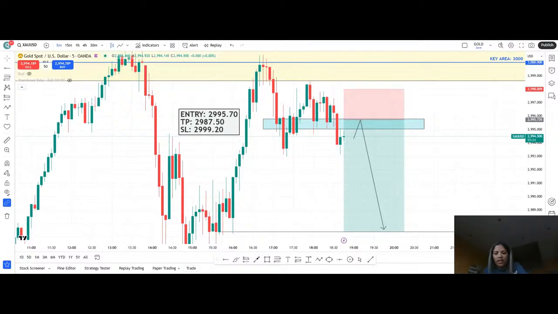This is a liquidity grab setup. So it's based on this 15-minute here.